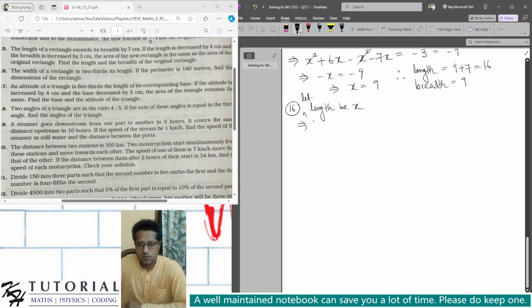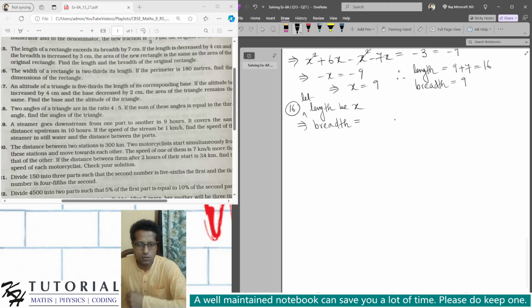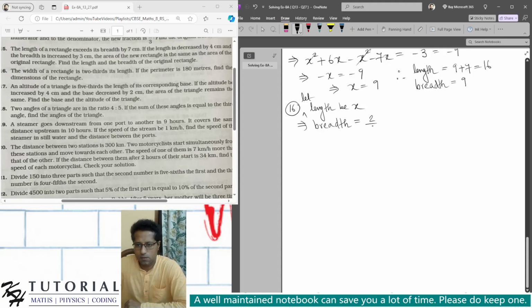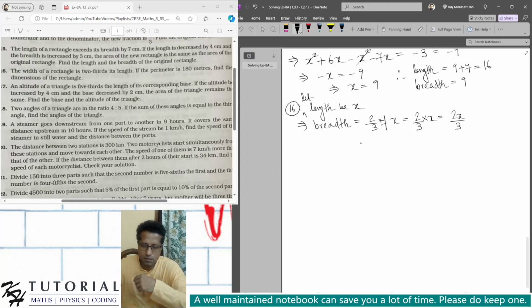So this implies breadth is given to be 2/3 of x, that is 2/3 multiplied by x, that is 2x by 3. So we have assumed the length to be x, and hence the breadth will be 2/3 of x, that is 2x by 3.